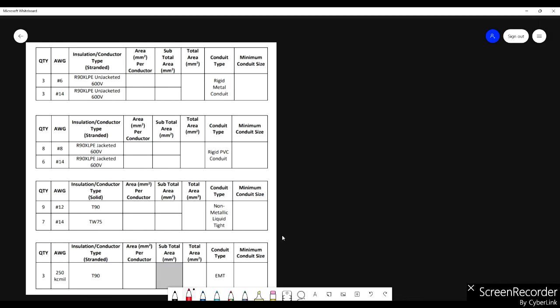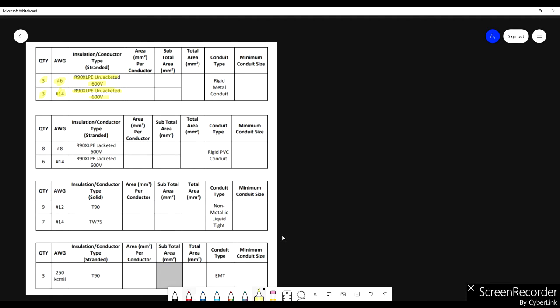So key information that you'd be looking out for in these tables is what size wire and how many, right? And then you need to know the insulation and sometimes even the voltage rating. Because as you see in tables 6A to 6B, they were the exact same insulation, but they had different voltage ratings, or some had jacketed material and some did not.